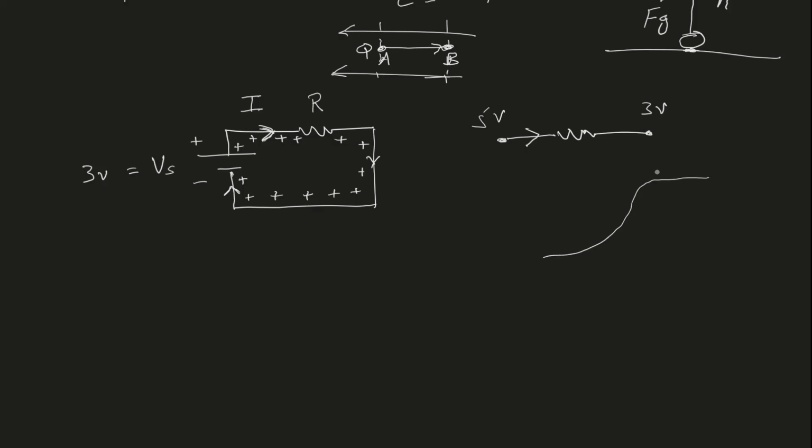For example, if I have some water over here, it will always flow towards lower potential energy. So just like in gravity, water flows from a higher potential energy point to a lower potential energy point. Similarly, in electric circuits, current will always flow from higher voltage to lower voltage.